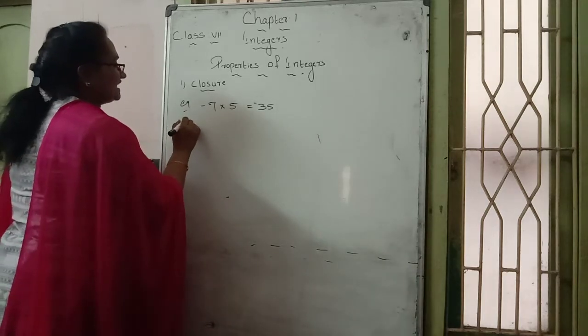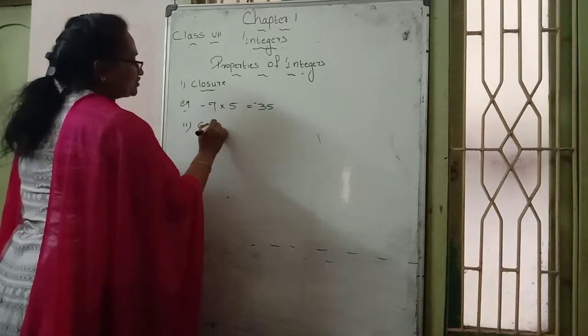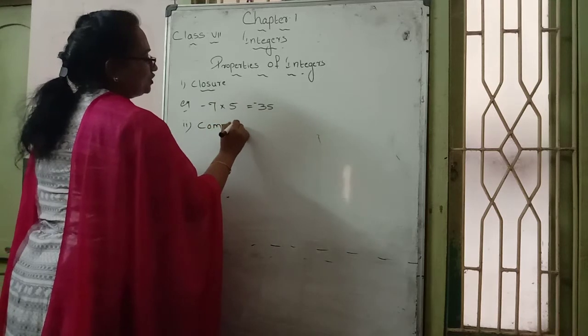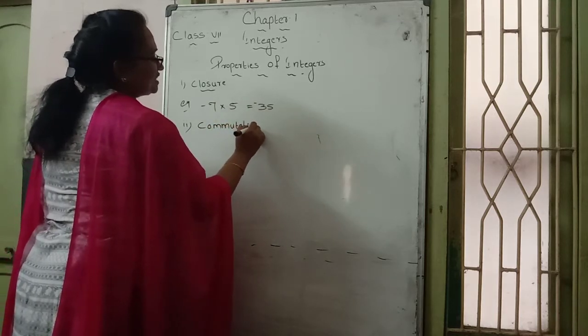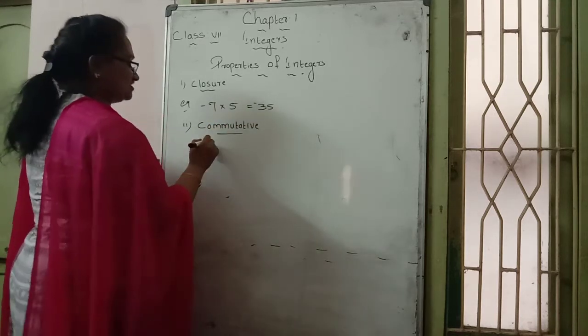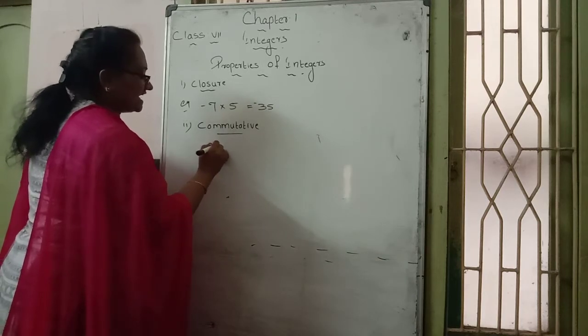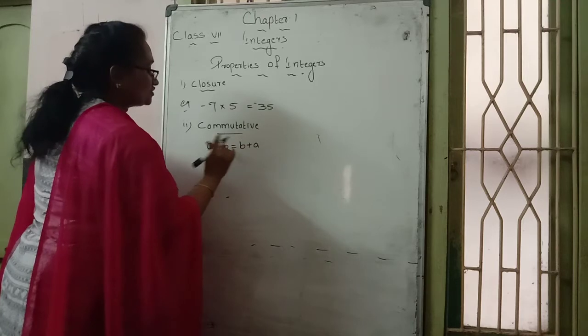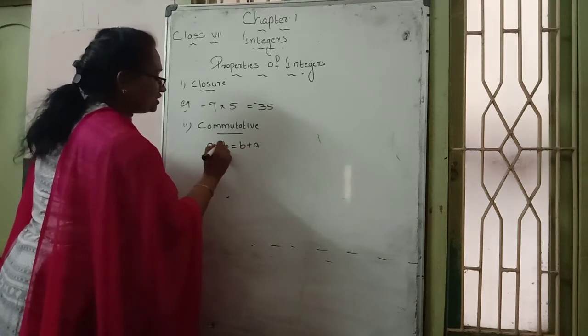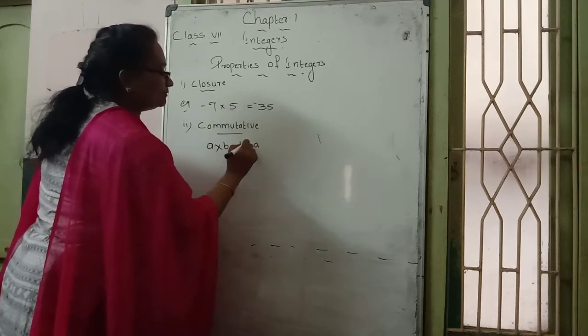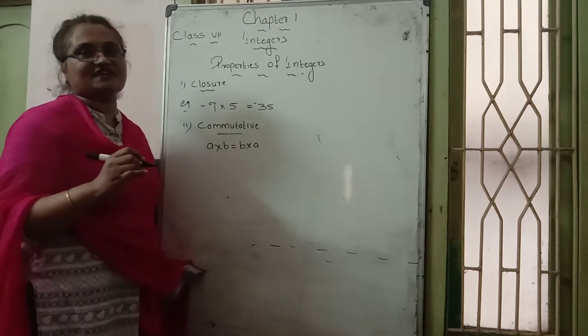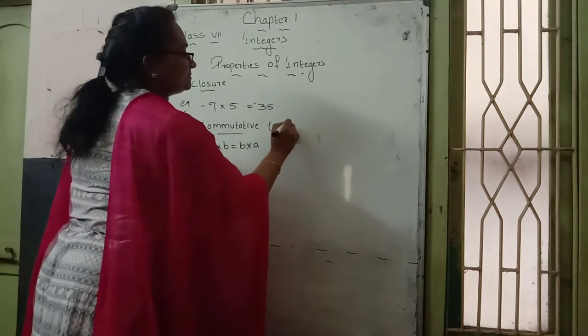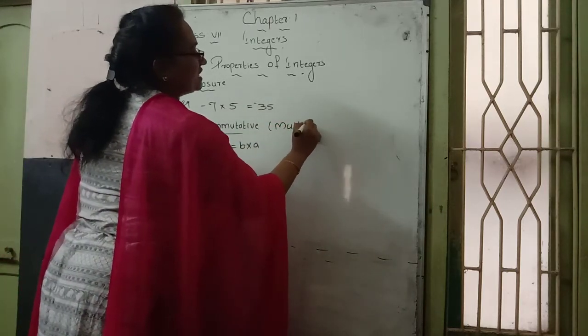Second one, commutative property. The general form for addition is a plus b equal to b plus a, where the order is changing. Here, for multiplication, it is a into b equal to b into a. We are discussing the multiplication case, not addition.